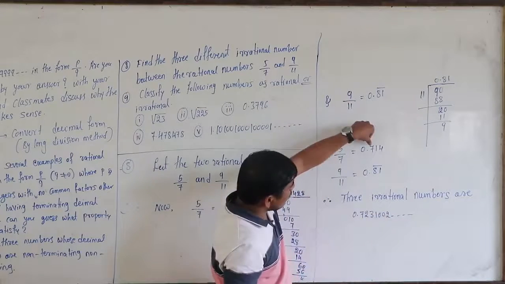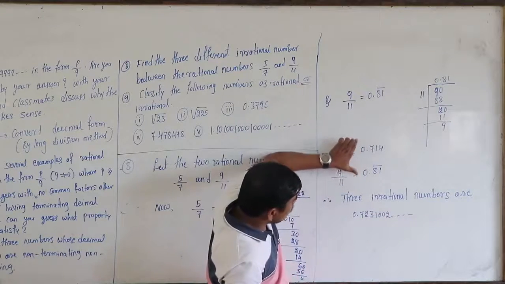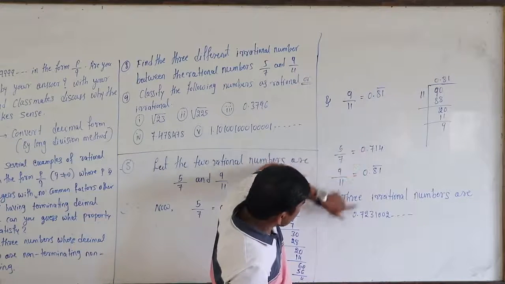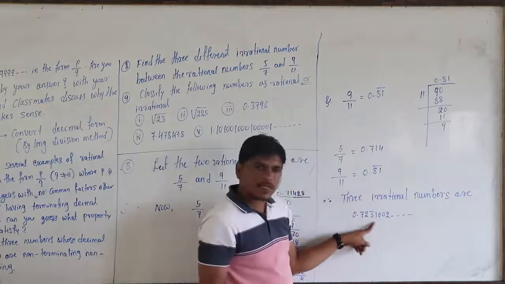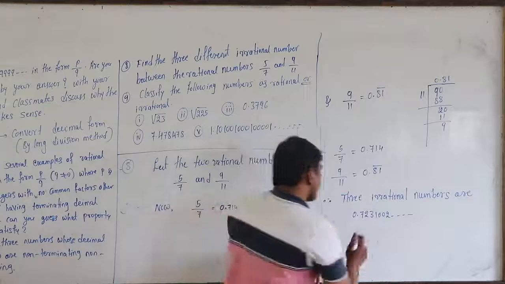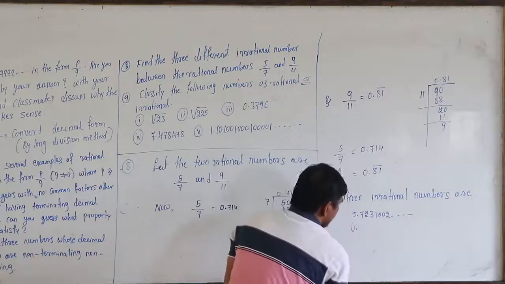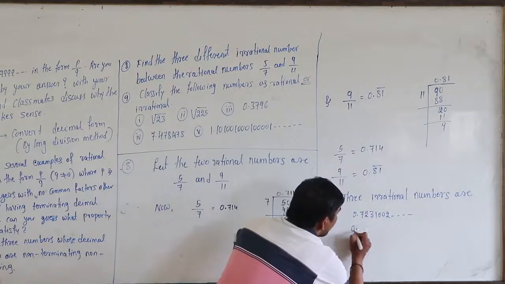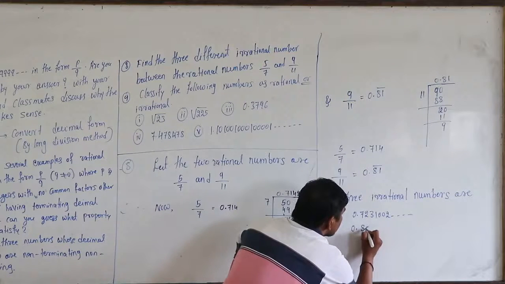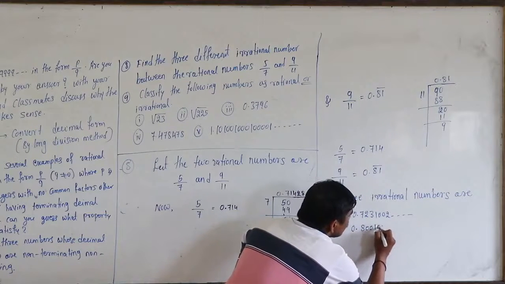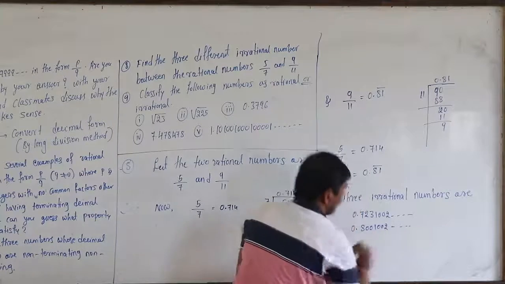Now between these two, this number is an irrational number, and similarly you take one more irrational number. You take 0.80010002 and so on.